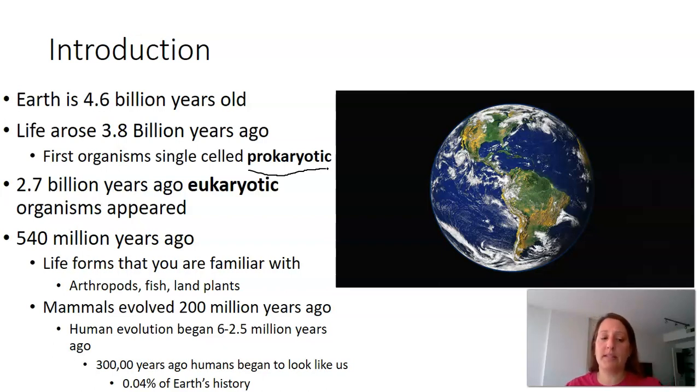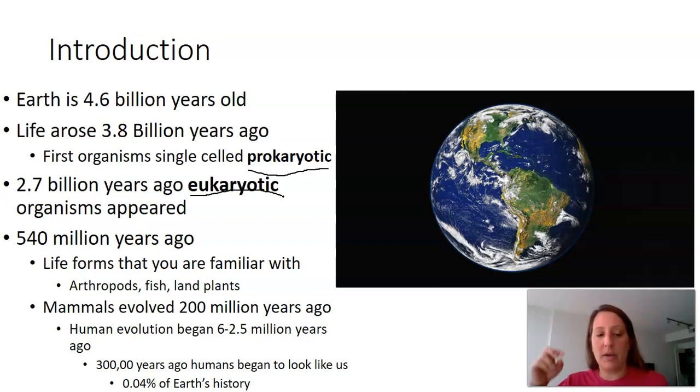And then about 2.7 billion years ago, eukaryotic organisms appeared. Those probably started off as single-celled, and then multicellularity did evolve from there. The term eukaryotic is the opposite of prokaryotic. Eukaryotic organisms have their genetic material, their DNA, housed in a membrane-bound compartment, protected. Eukaryotic organisms also have other organelles, which are tiny organs of the cell.